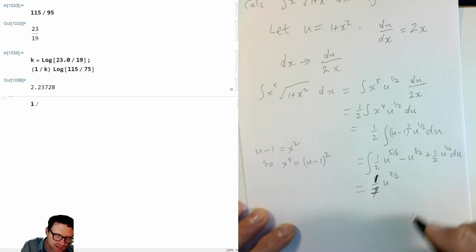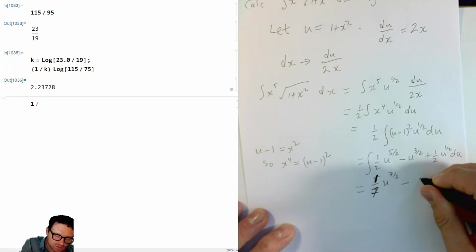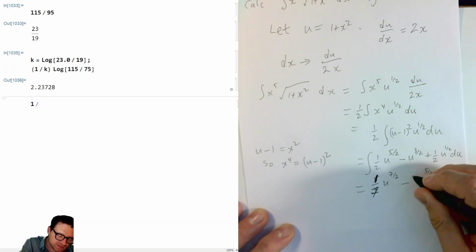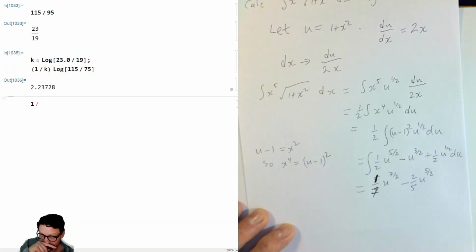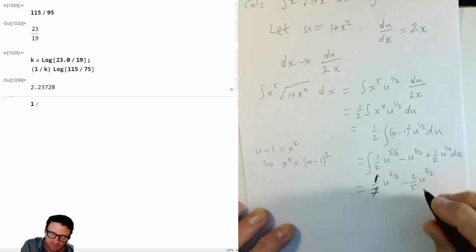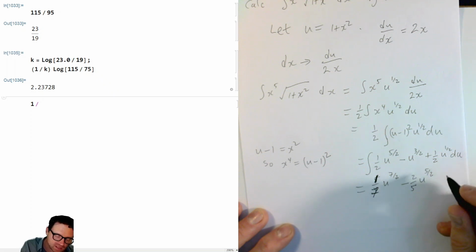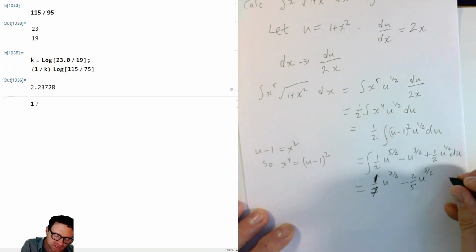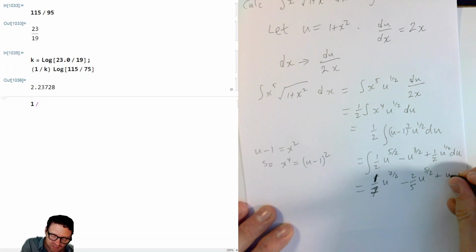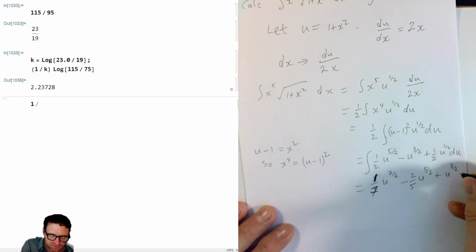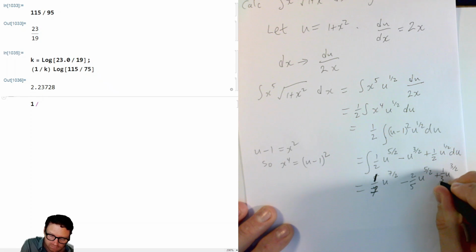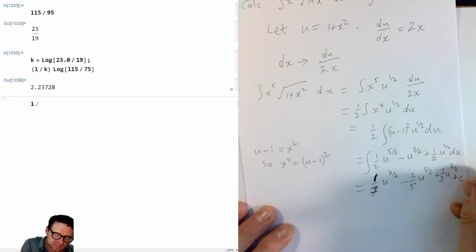Okay, now for this one, adding 1 to the exponent, we've got u to the 5 over 2, divide by the new exponent, we've got 2/5. Yes, okay, and then adding 1 to this exponent, we have u to the 3/2. Dividing 1/2 by 3/2 gives us 1/3. Okay, and then we have a plus c.